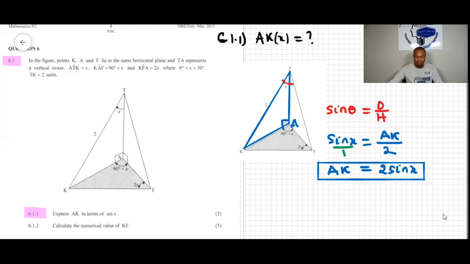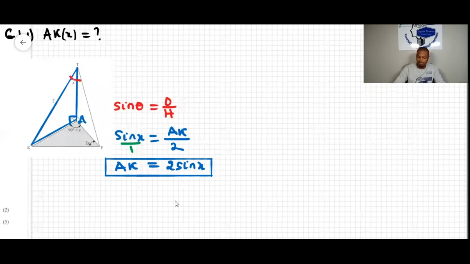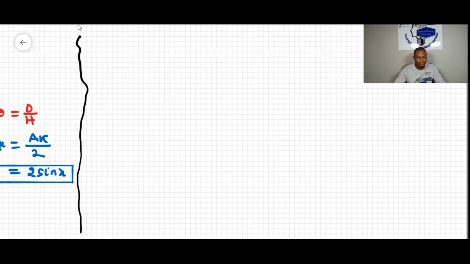We can now do question 6.1.2. Let's calculate the numerical value of KF. I'll first move my board over here, split like that, and then write 6.1.2.